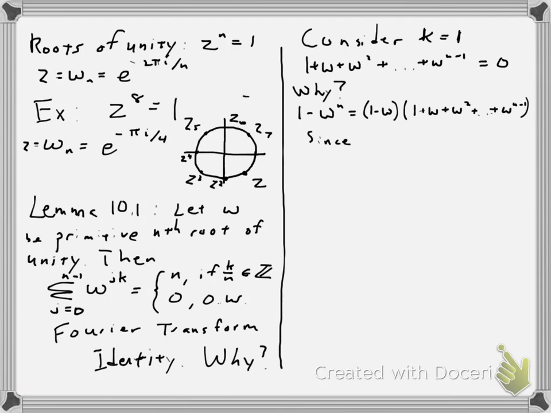Since 1 minus omega to the n equals 0, and omega does not equal 1, we get the result. So the result follows.